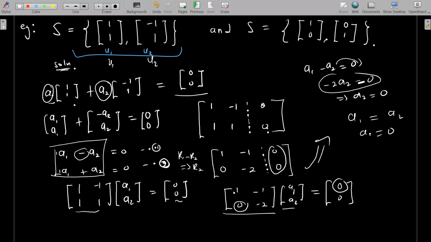So that means this set is linearly independent, because when you have a1 times the first one plus a2 times the second one equals the 0 vector, this is only possible when a1 and a2 are both 0.